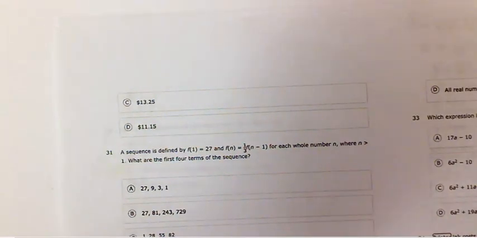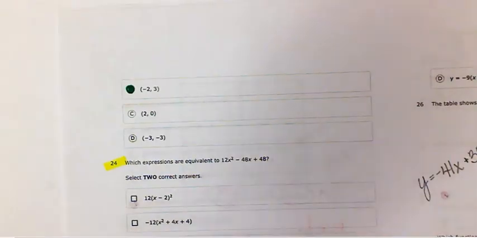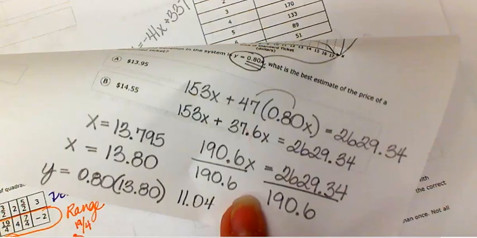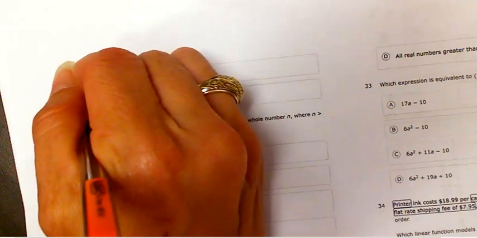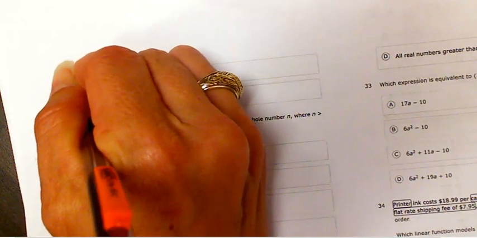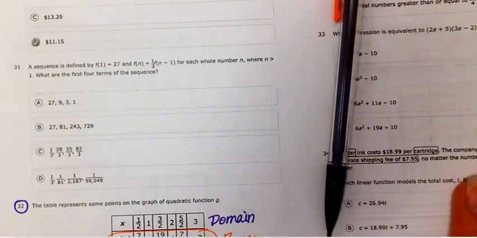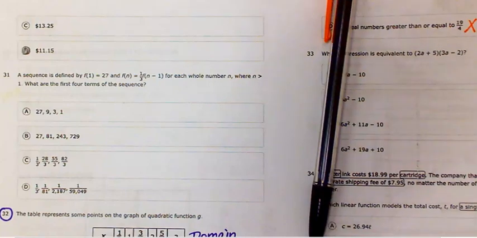But they did say what's the best estimate of the price of a discounted ticket, which means give or take a little bit, you could be off a little bit. So we got $11.04. So the best estimate based on what they gave us choice-wise is D, $11.15. But again, I don't love that because it makes you doubt yourself because you're a few pennies off.